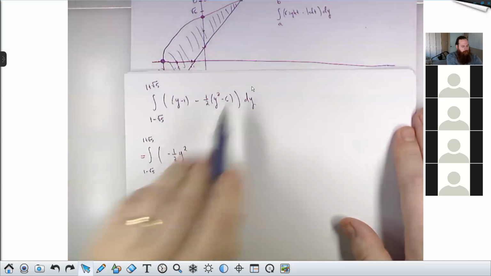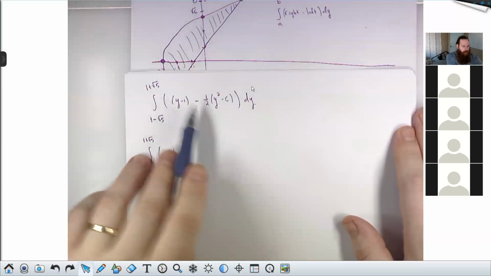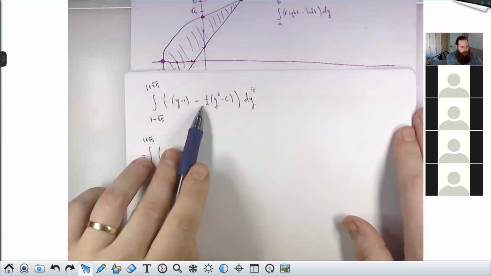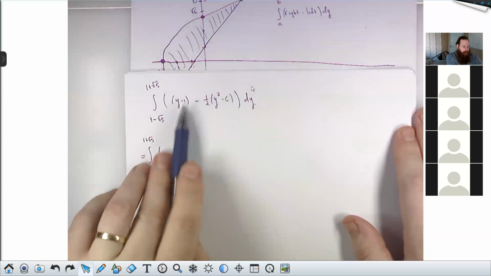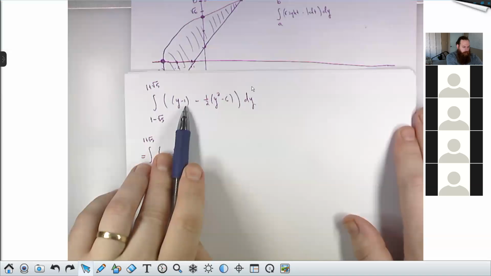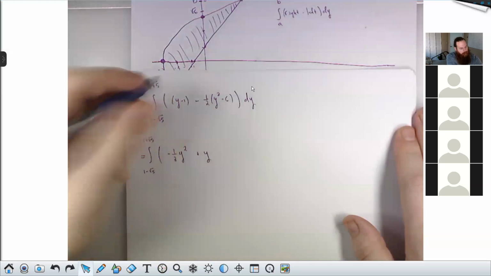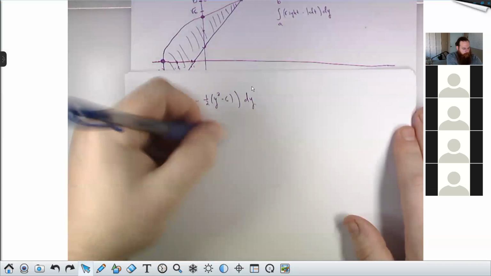Just going to try to write this polynomial here in standard form, so the quadratic term will come first. I'll have to distribute the negative and the 1/2. Negative 1/2 times negative 6, that's positive 3. Positive 3 minus 1, that will be my constant term. It's positive 2. And then my linear term will just be plus y.